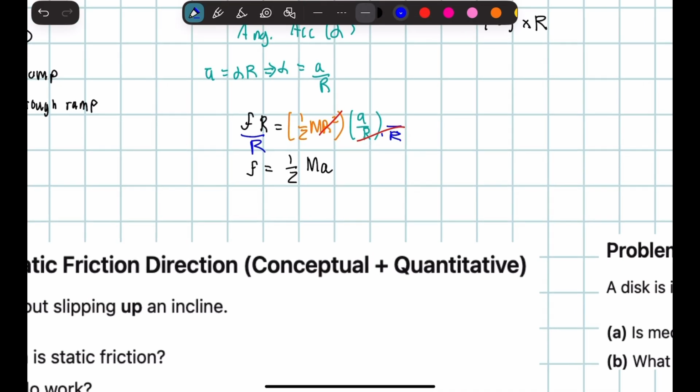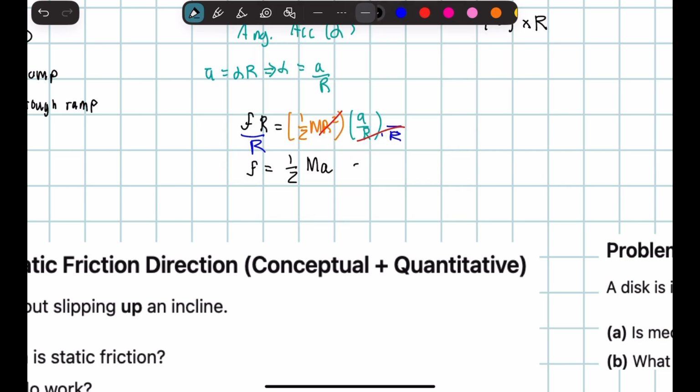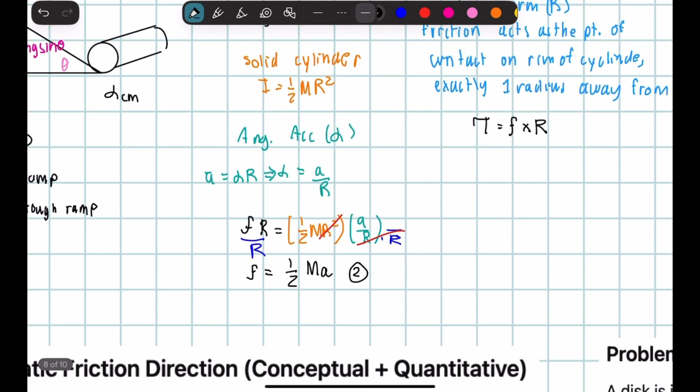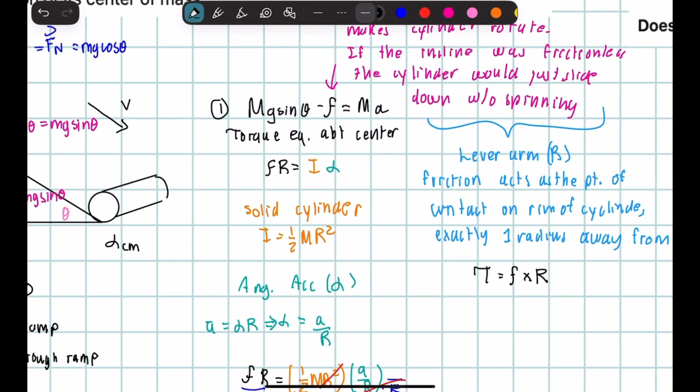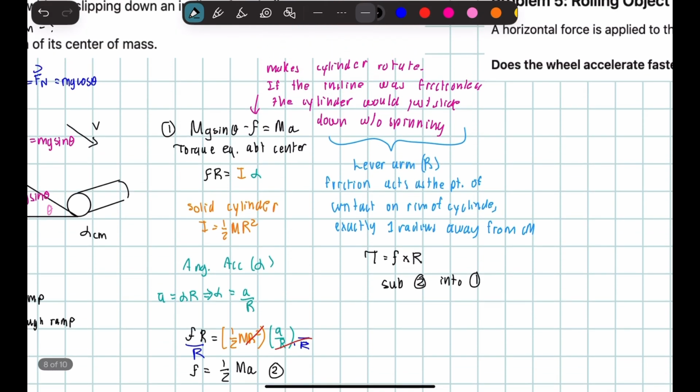And now we have to substitute. We can just call this equation 2, and we have our force equation, which is this. So we have to sub 2 into 1.